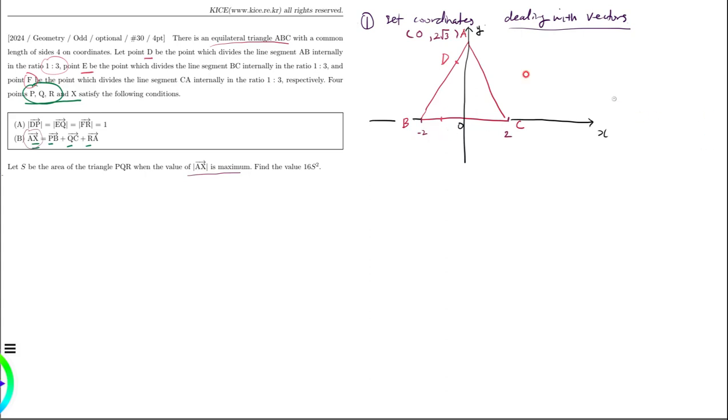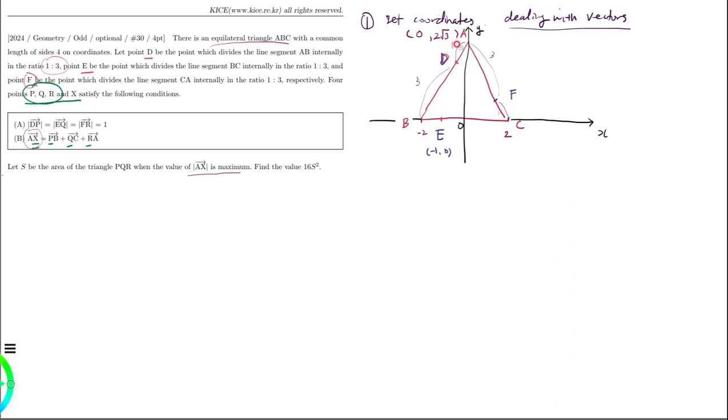Let me choose a different color. D, E, F. The ratio is 1, 3. It's actually -1. We have a specific coordinate here. It's 1, 3. Okay.